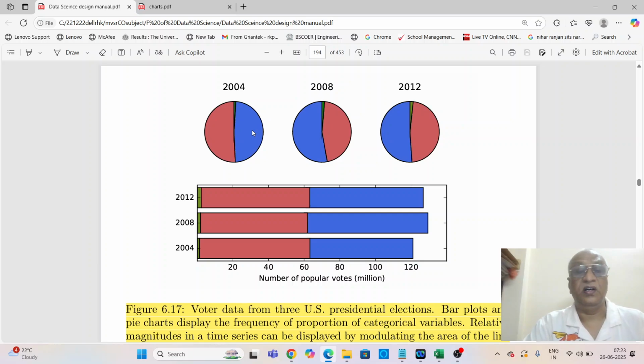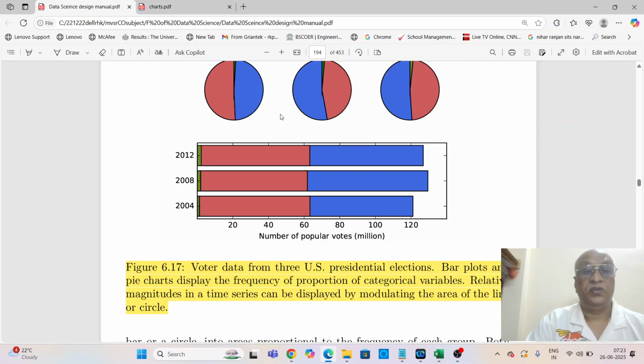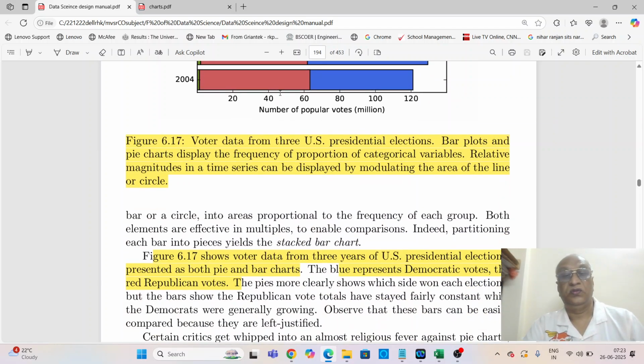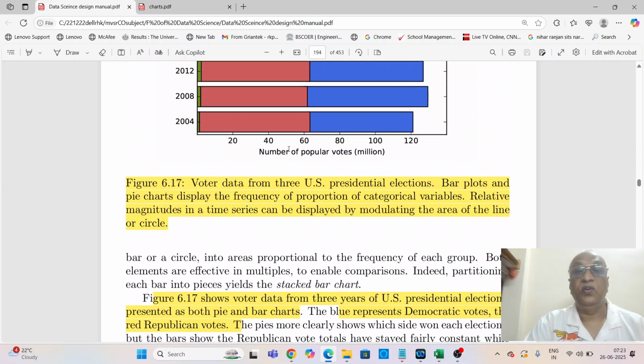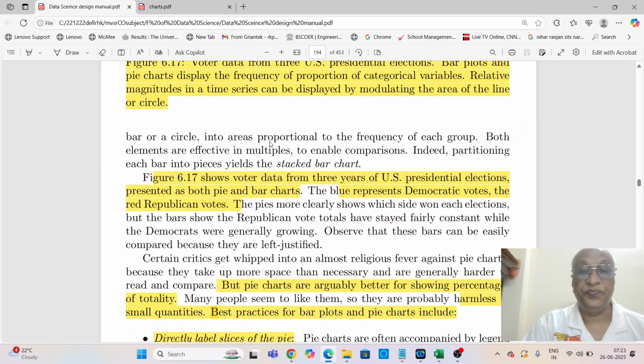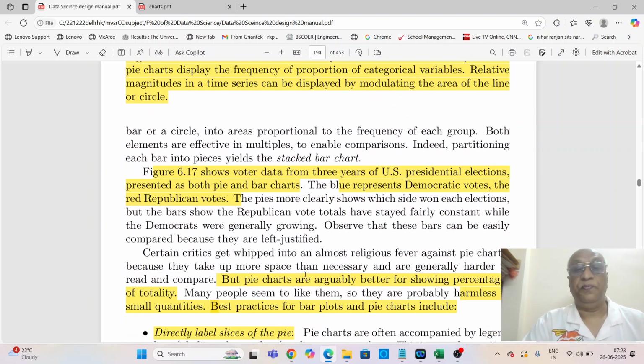This is regarding the pie chart. And we know that blue is for Democratic, red is for the Republicans. Pie charts are usually better for showing percentage of totality.